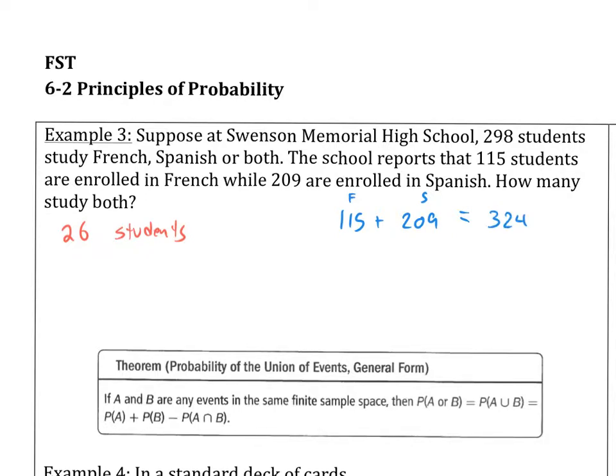But of course we have a discrepancy, right? The school says only 298. So how many are counted twice? Well, if we subtract the 298, we get 26. So all we do here is account for the double by finding out what the difference is between the two.